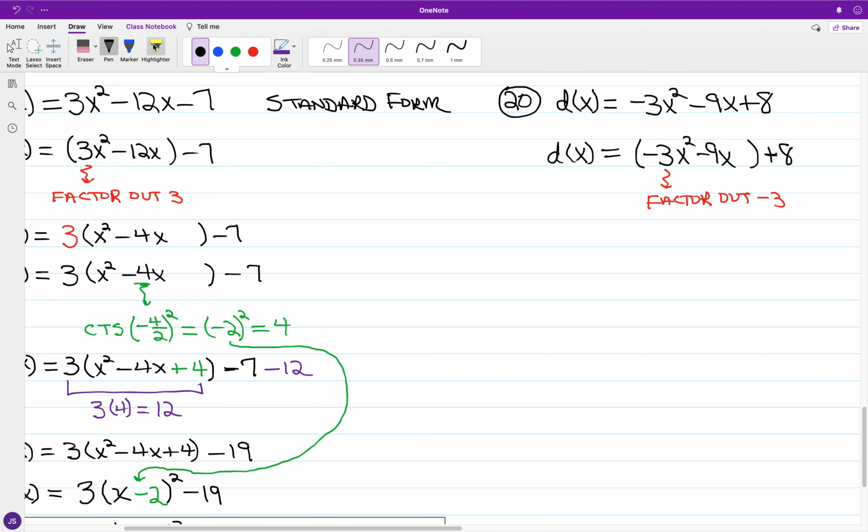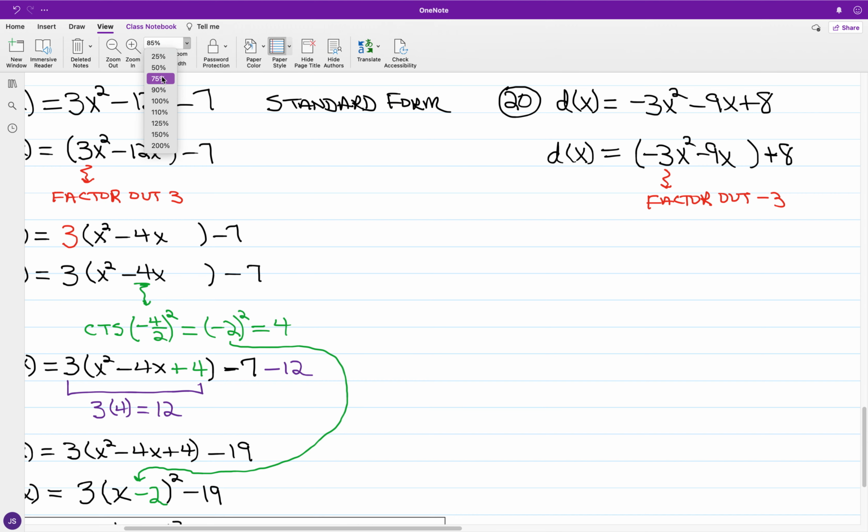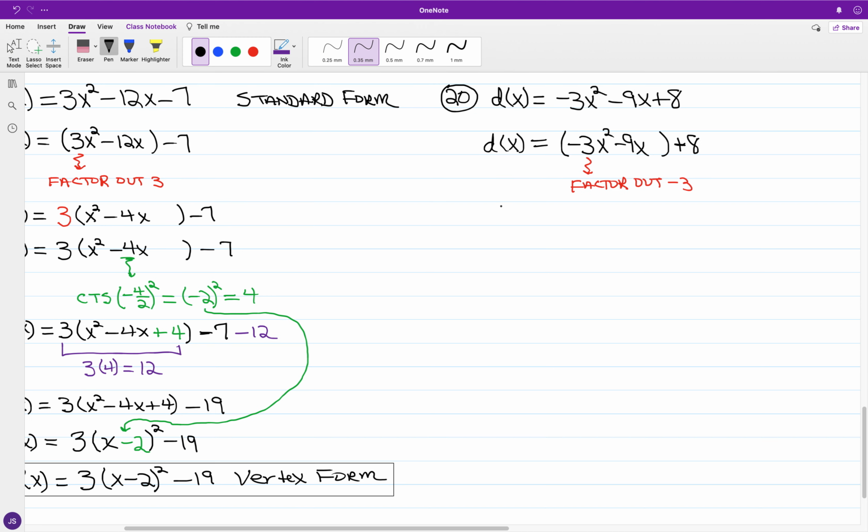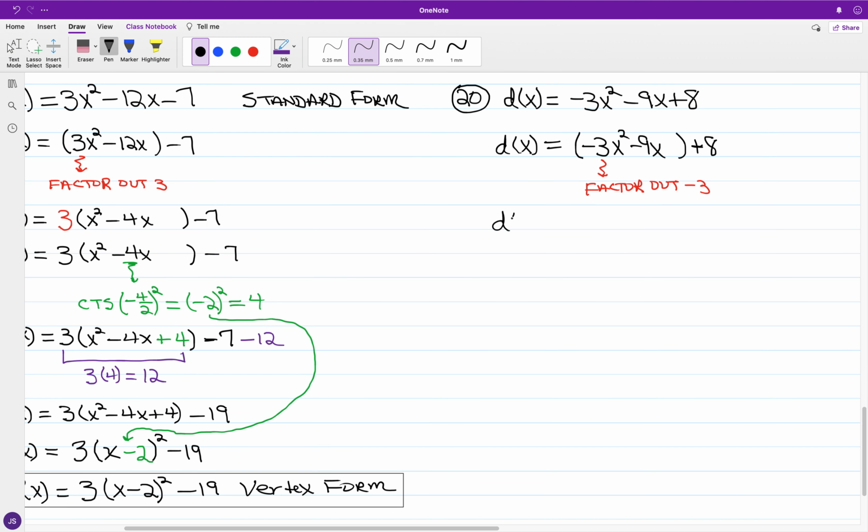So if we factor out negative 3, we're going to have d of x is equal to negative 3 times, negative 3 into minus 3x squared gives x squared, followed by plus 3x, and followed by the addition of 8.